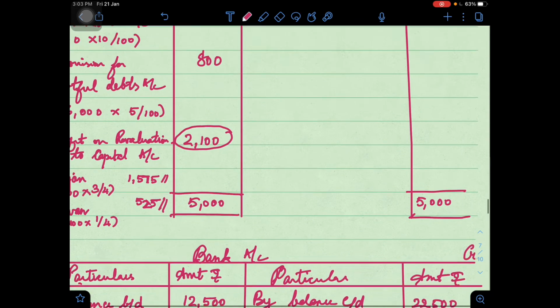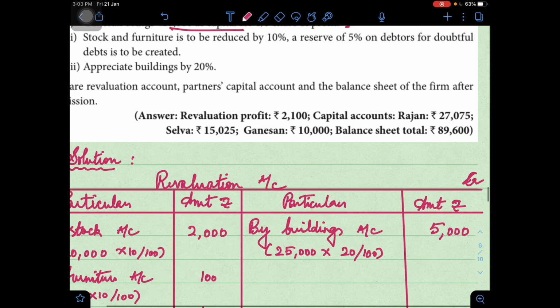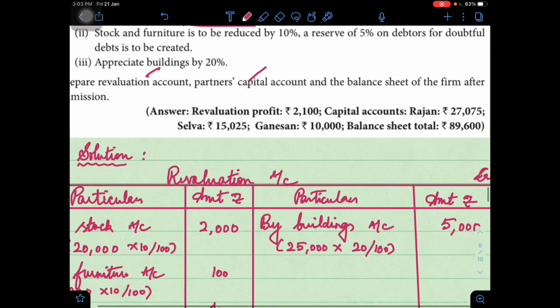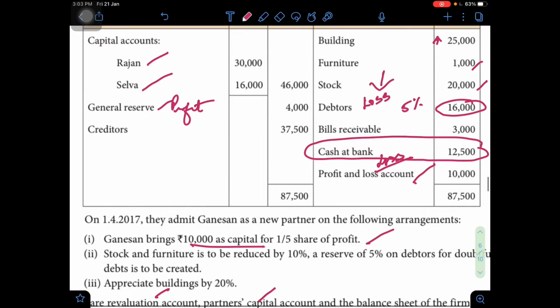Now let us start working on the capital account, because the problem says you have to work out the revaluation account. As an additional thing, we have also opened the bank. Now we are going to see the partners' capital account. For that you should make note of the capital balances, this 30,000 and 16,000 you will show.